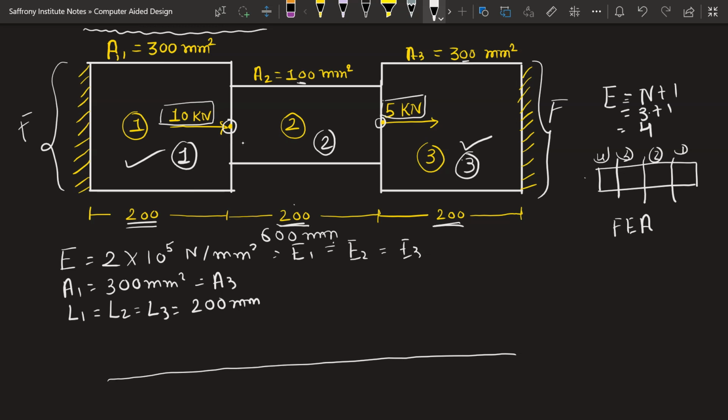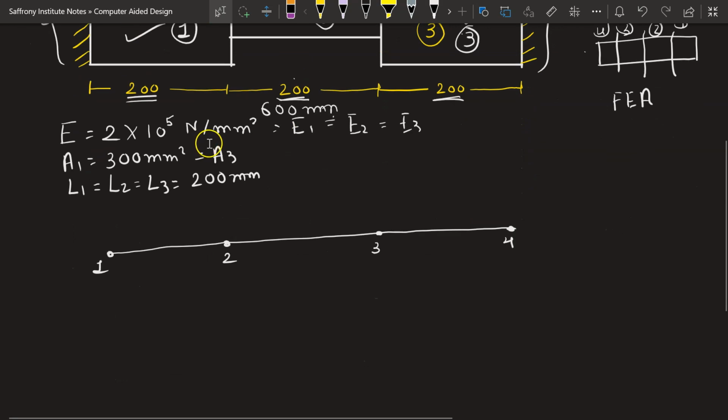So here are the 4 nodes: first node, second node, third node and fourth node. I guess it is clear to you all till now.